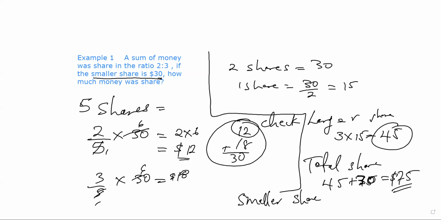All right, thanks both of you. Very good, very good. So guys, this is another way that they can set up the question, right? Notice they didn't give the total share. You had to find out the total money to be shared. Xavier found out the bigger share, which is good as well.